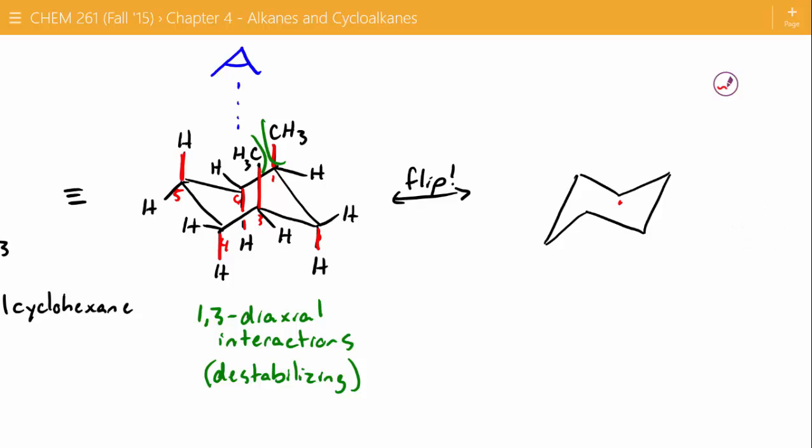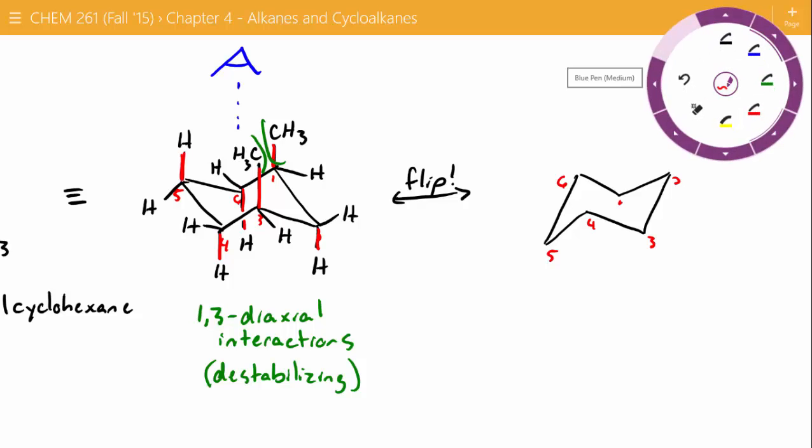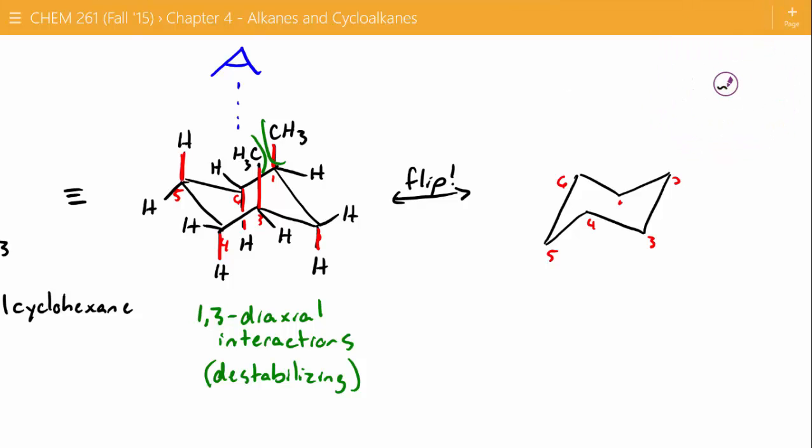This is now 1, 2, 3, 4, 5, 6. The methyl group coming off of carbon 1 is now going to be equatorial. And the proton coming off of it will be axial. And then if we look at carbon 3, its methyl group is also going to be equatorial, and its proton is going to be axial.